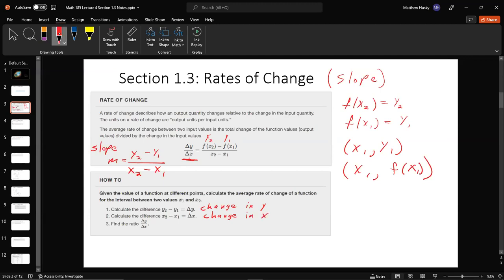They're doing a lot of fancy terminology and notation and probably making it seem more complicated than it really is. But if you found a slope before, that's really all this is. Subtract the two y values, subtract the two x values, make a fraction of change in y over change in x.